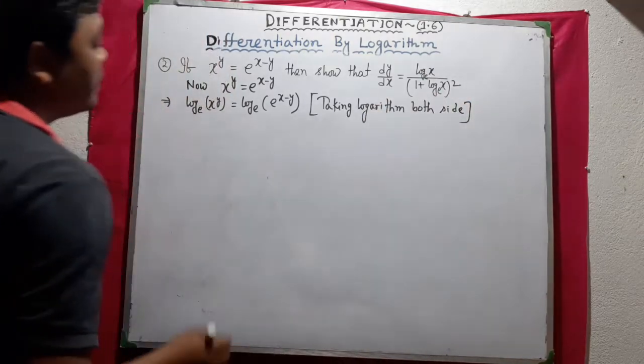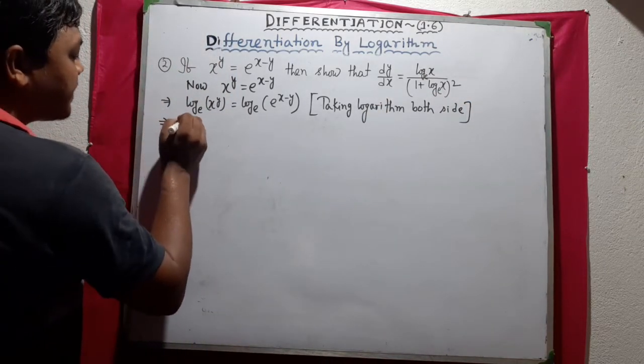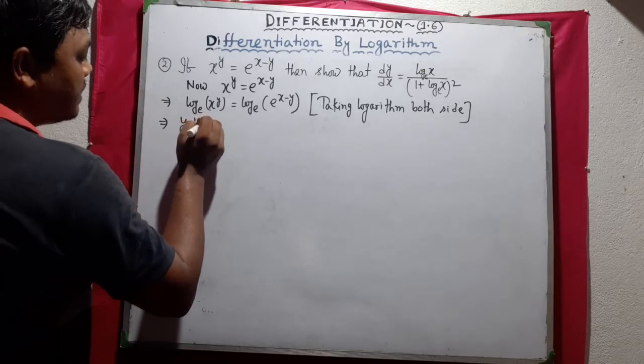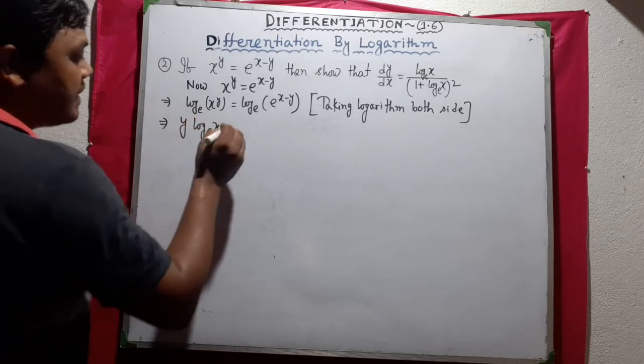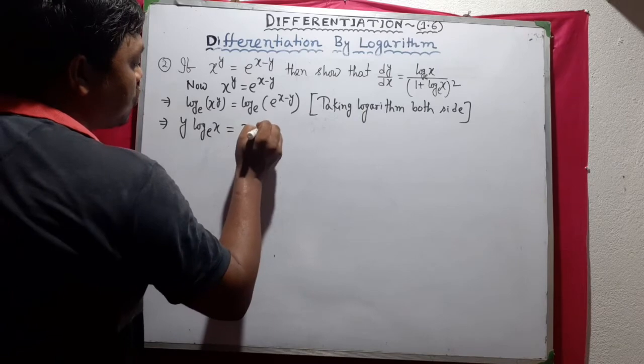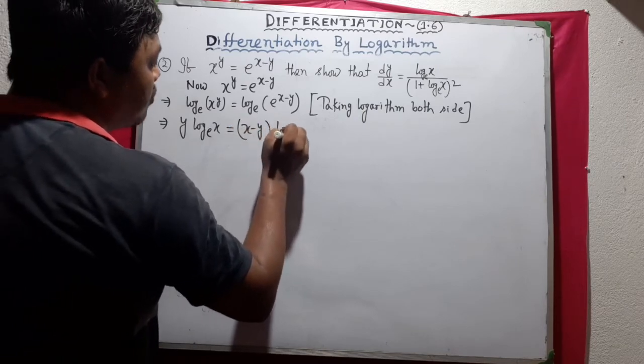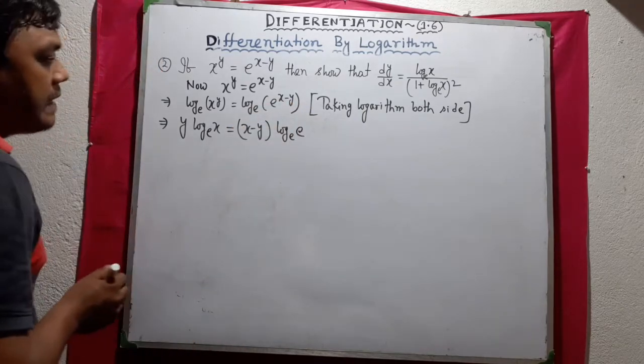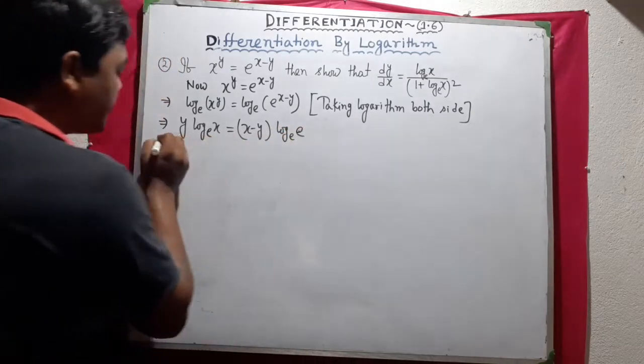By using the properties of the logarithm, that gives y log x base e equals (x minus y) log e base e, and that equals 1.